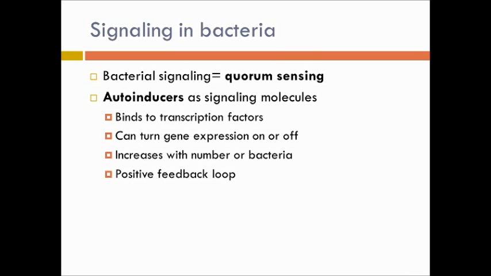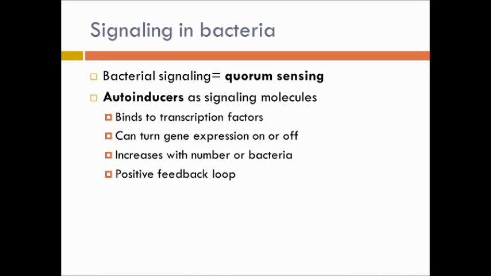In bacteria, this is called quorum sensing. This was first found with the symbiotic relationship between bacteria and the Hawaiian bobtail squid. So if there's enough bacteria present and active, they will allow this squid to bioluminesce.